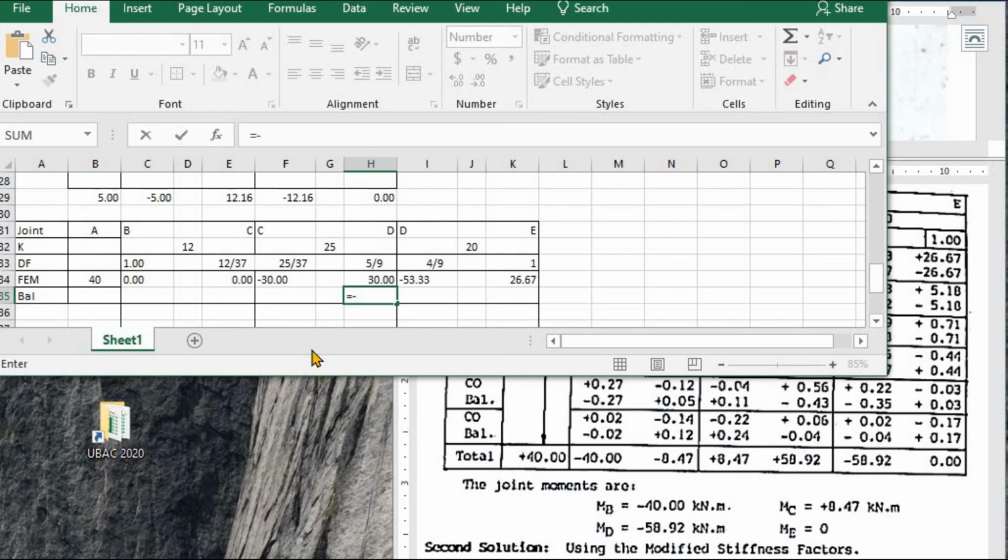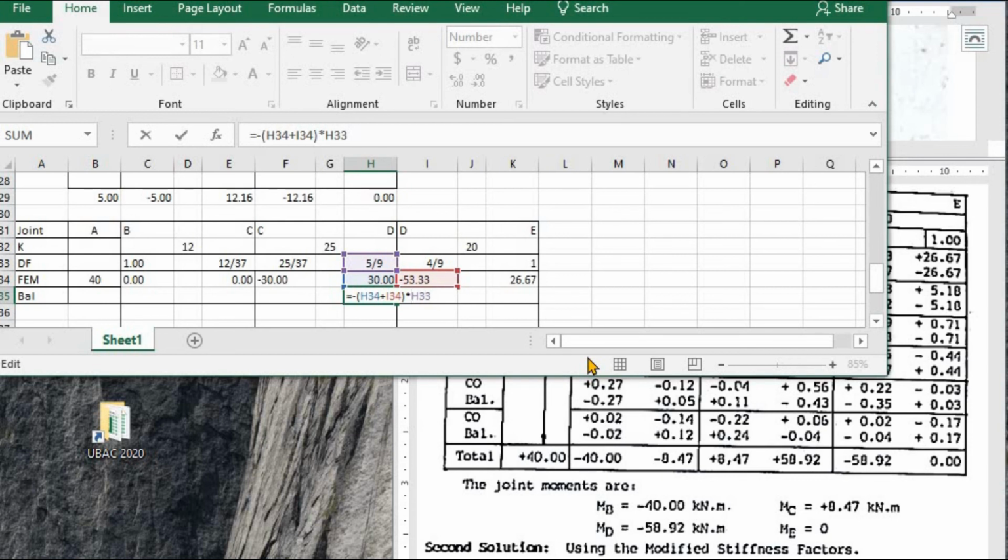Okay, so, the sum of 30 plus negative 53.33 times distribution factor. So, 0.96. And then, edit mo na kaagad yan. Yang H33, which is your 5/9, gawin mo na siyang F4.